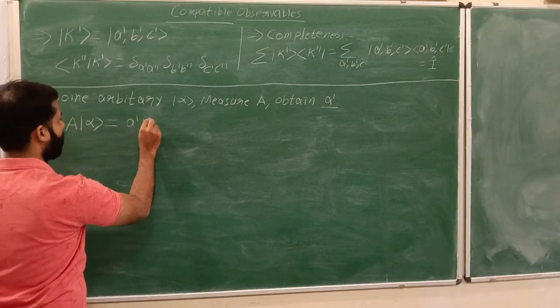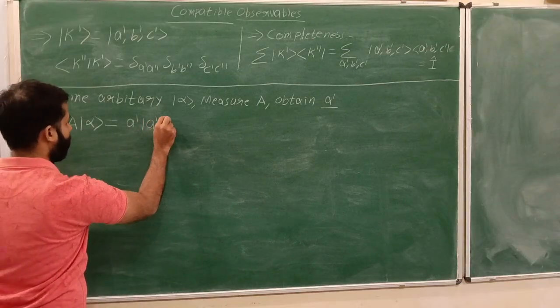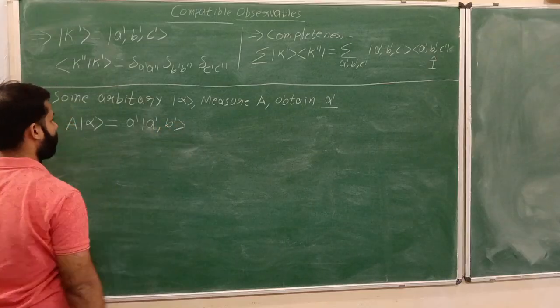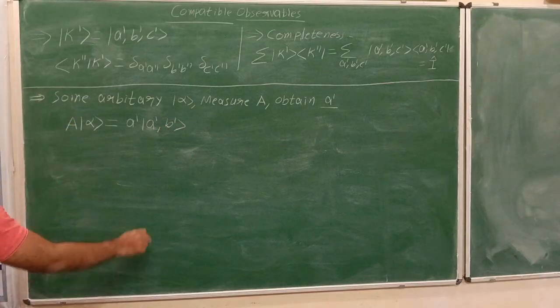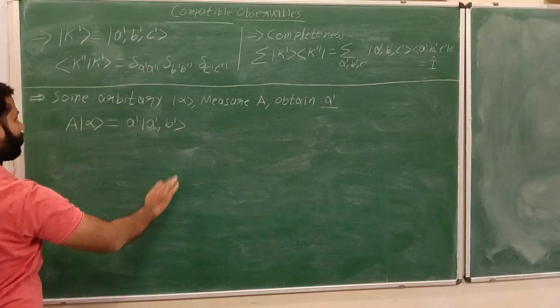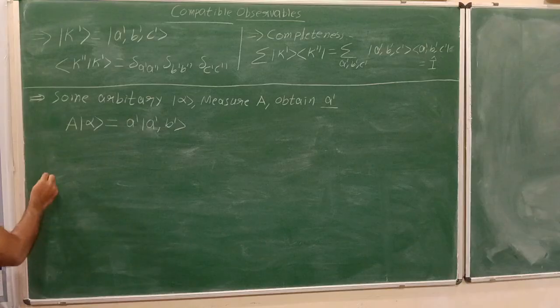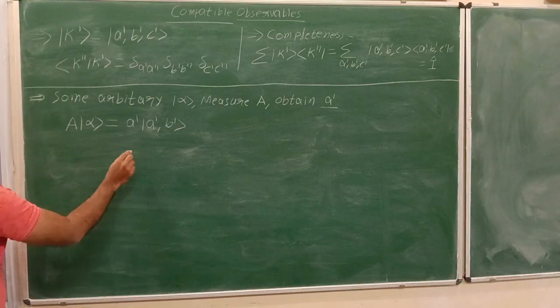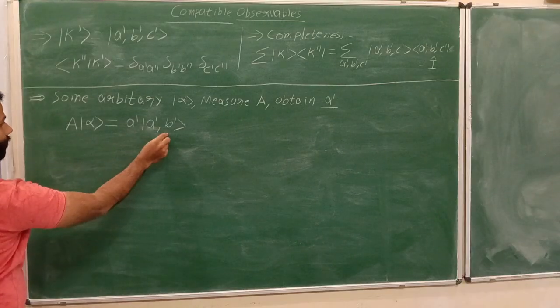Let's say I have a state like this. Right now I'm keeping only 2 terms, not 3. Then I perform a measurement of operator B on this state.